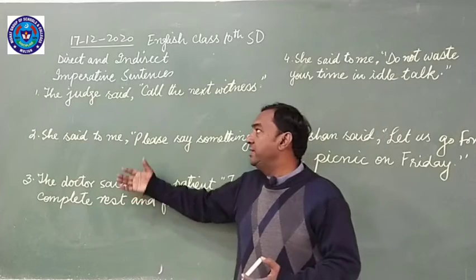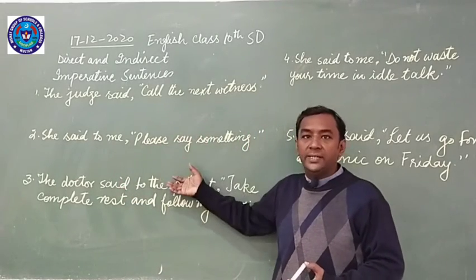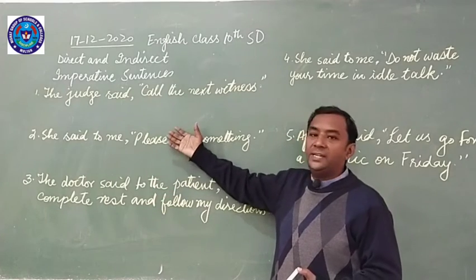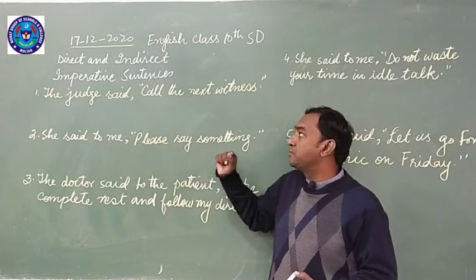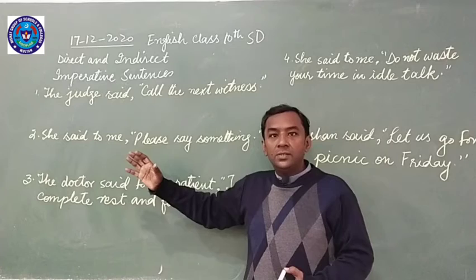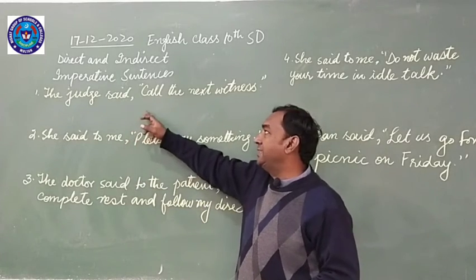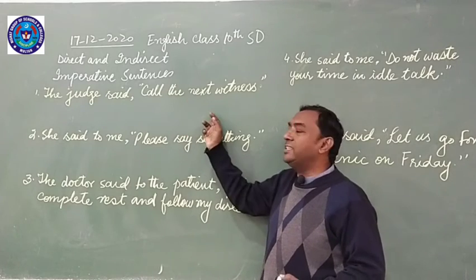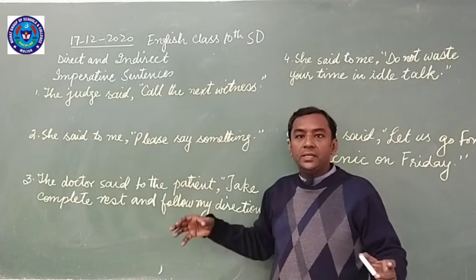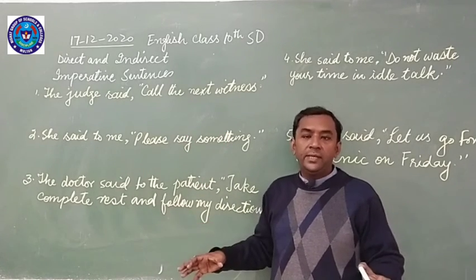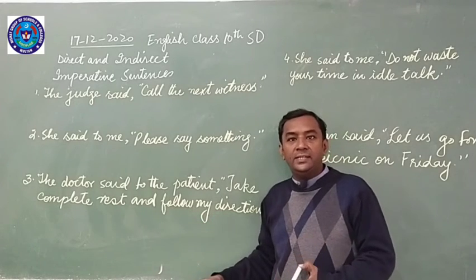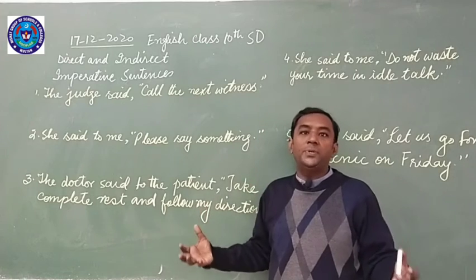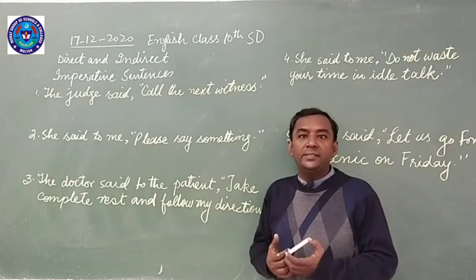Now we have been given some examples of imperative sentences, and we will see how we are going to change them into indirect. The first sentence we have been given is: the judge said, call the next witness. You must look at the reported speech sentence and see whether it is an assertive, interrogative, imperative, optative, or exclamatory sentence.